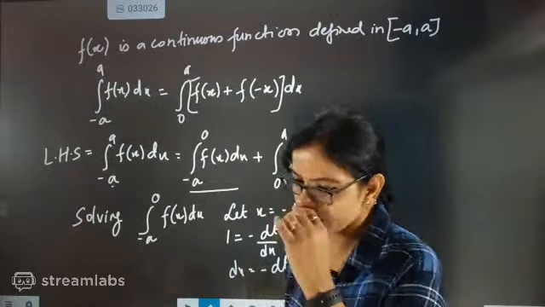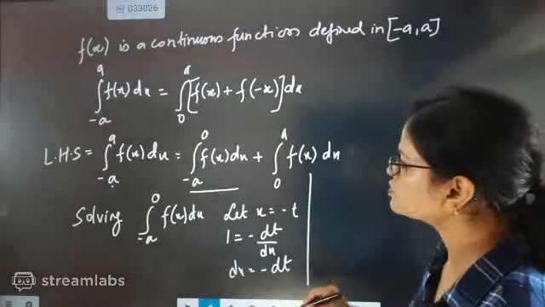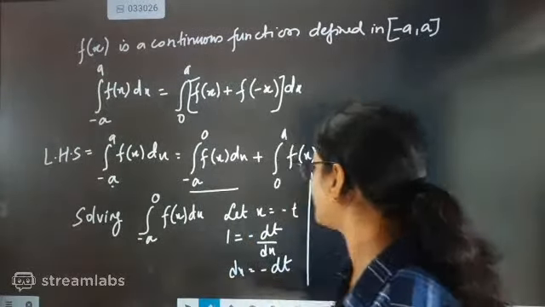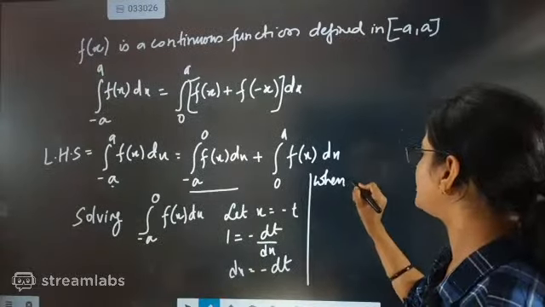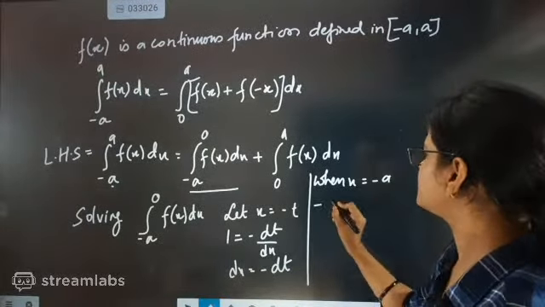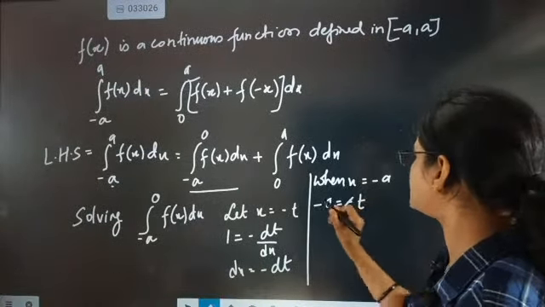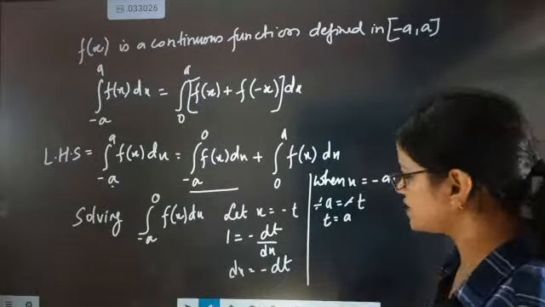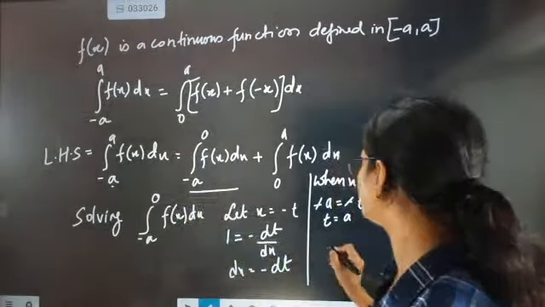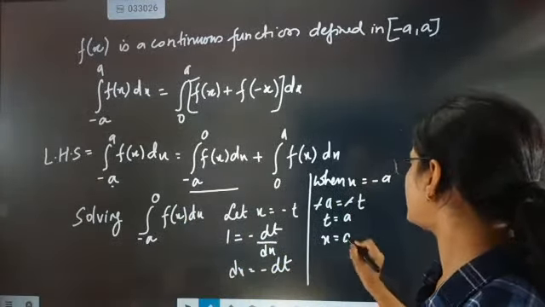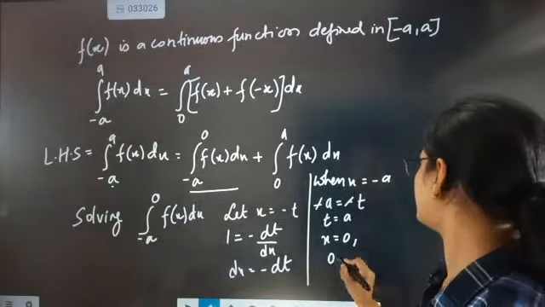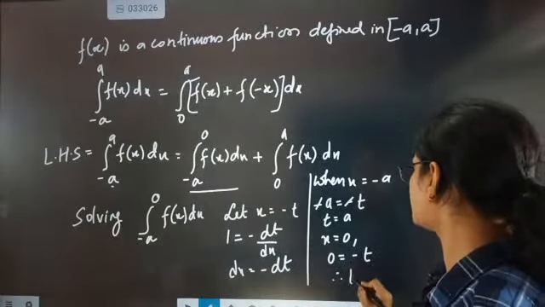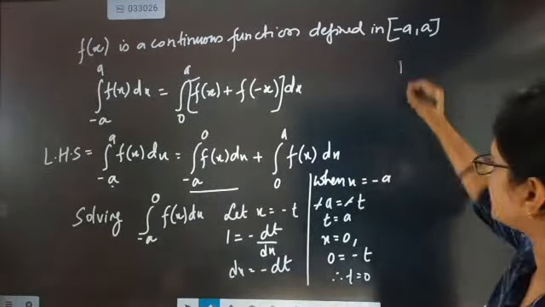Now the lower limit and upper limit, play with this. When x is equal to minus a, then minus a equals minus t, so t is exactly coming as a, and when x is equal to 0, t will be exactly coming as 0. So now how are you going to write this part?